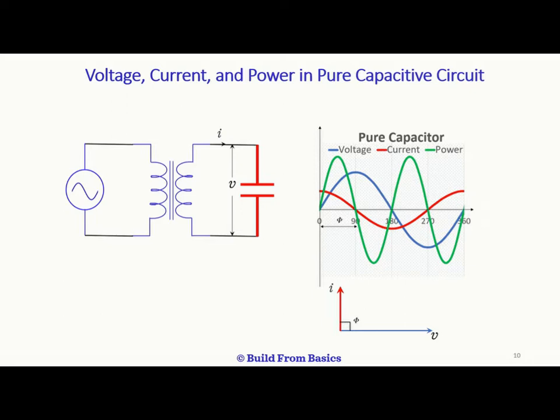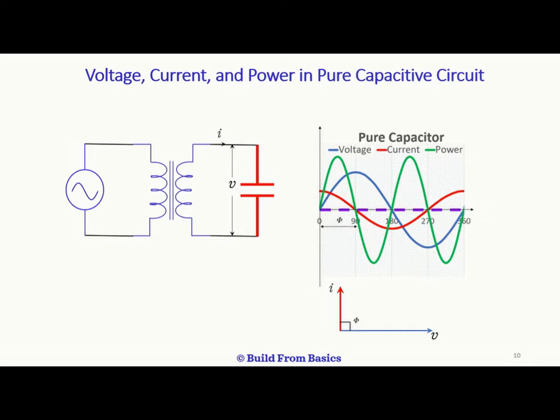So as the voltage has 1 cycle here, the blue curve, the power has 2 cycles. But if you see the average value of this power, it is 0. The purple line is the average value, because it has both positive and negative half cycles. The average value of power in a pure capacitive circuit is 0.